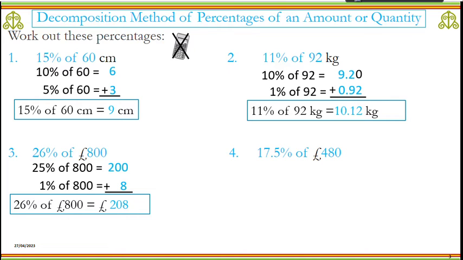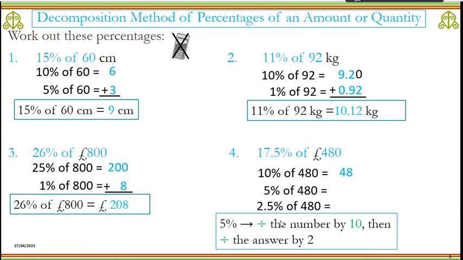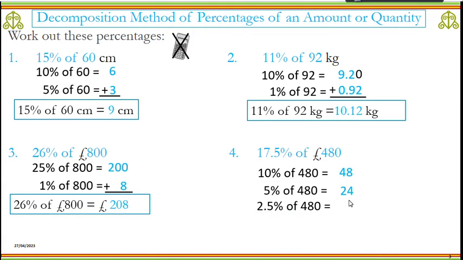The last one, what combination makes 17.5%? So we have 10%, 5% and 2.5%. So we're going to work out all these percentages of 480. 10% is divided by 10, 480 divided by 10, 48. 5% is half of the 10% answer, so half of 48 will give us 24.